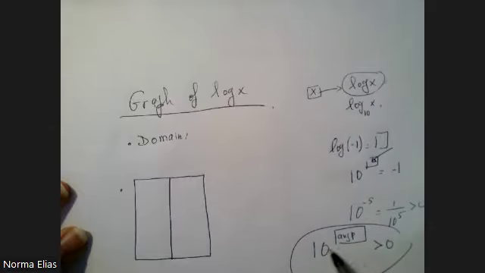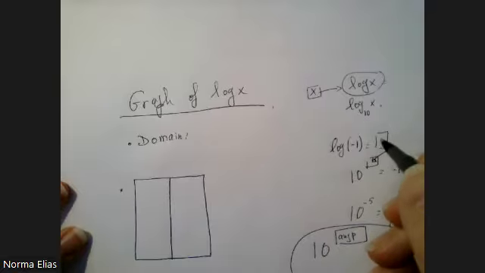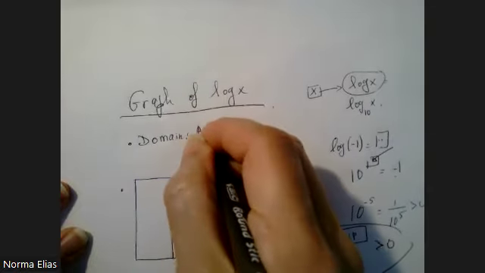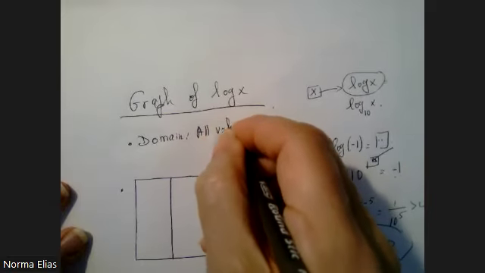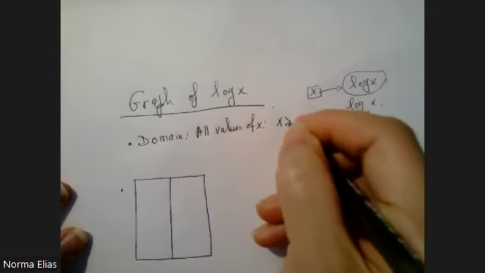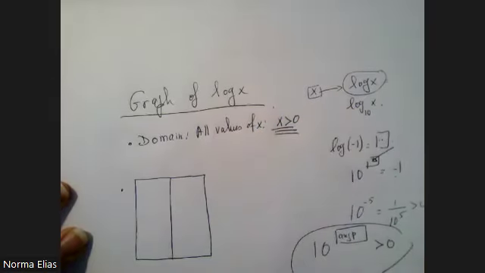So there is no power of 10 that gives you -1. It means log of -1 is not defined. So the domain is all values of x, but that x is strictly positive.